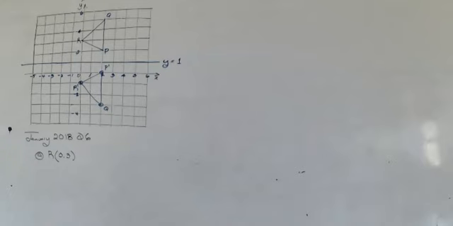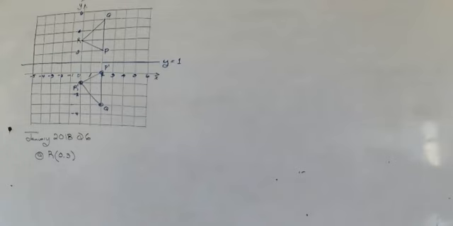Are you listening? Next, we must draw triangle P double prime, Q double prime, R double prime, a reflection of triangle P prime, Q prime, R prime in the line x is equal to 0.